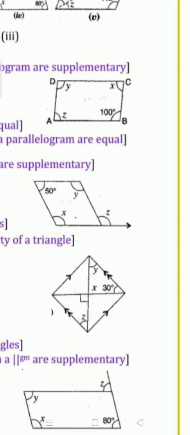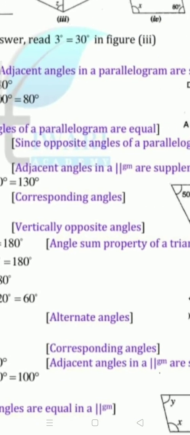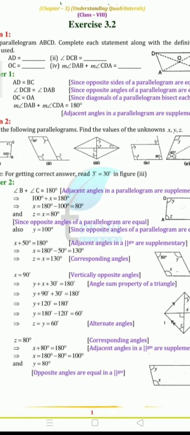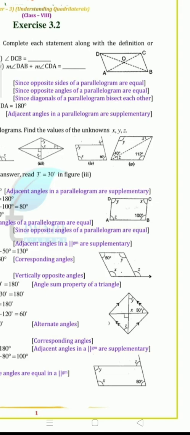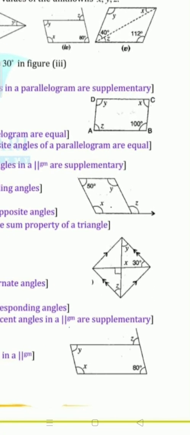So whatever measurement of x you have found, 130, the same will be for z. So z will also be 130. Clear? And the reason you are going to write is corresponding angles. So you can find the values of x, y and z by just using the properties of a parallelogram.